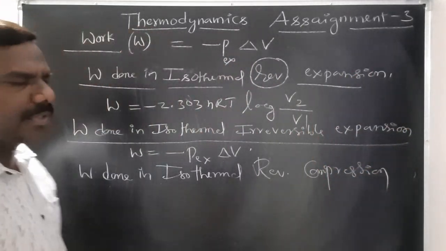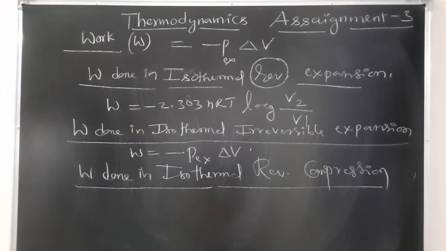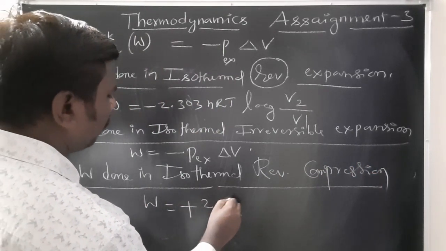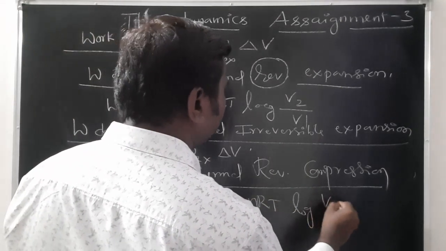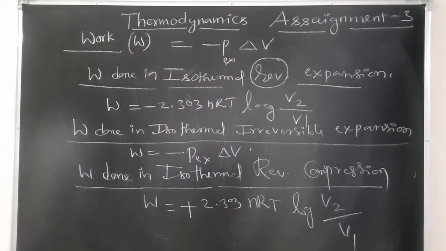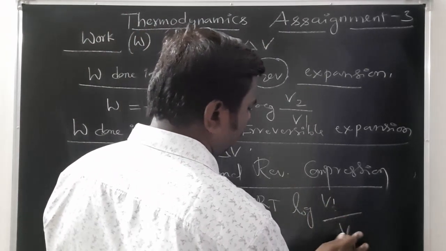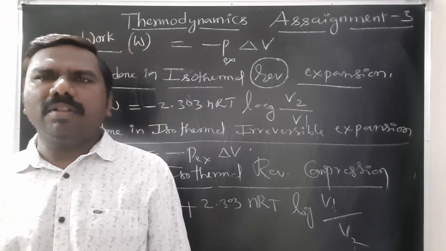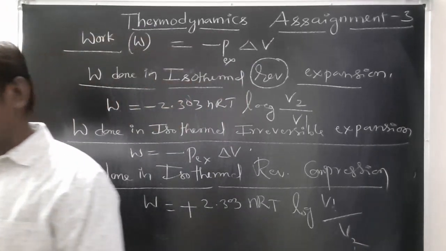The work done in isothermal reversible compression formula is plus 2.303 nRT log of V1 by V2. Right students? You only have to remember the formulas. For all these formulas there is a derivation, students, but we have no need for the derivation.